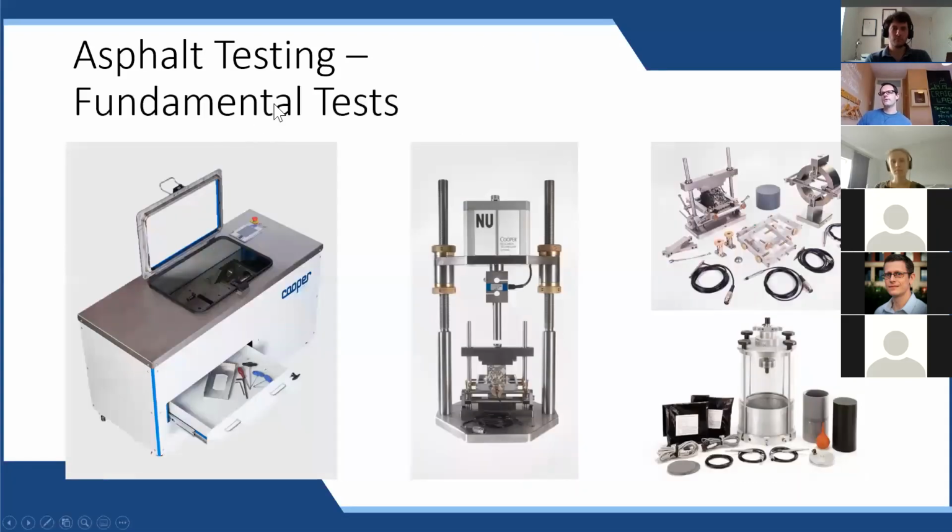And then we have some more fundamental tests where you're trying to find out the material properties, things like strength and stiffness, and aspects like how it cracks and how it fatigues. These are the kind of tests you might find in a generic material testing laboratory, where you're testing metals or plastics and things like that.